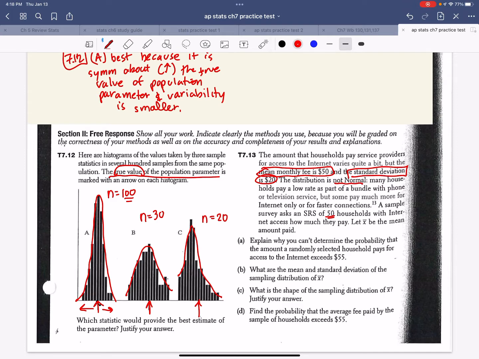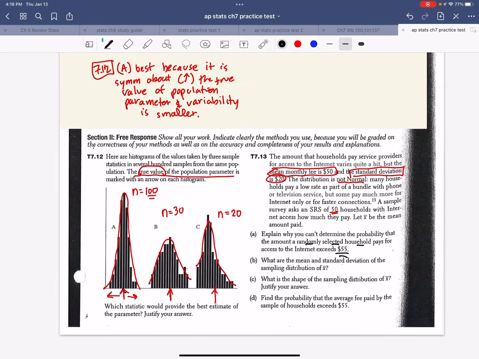So they're asking us the probability; explain why you can't determine the probability that the amount a randomly selected household exceeds 55.